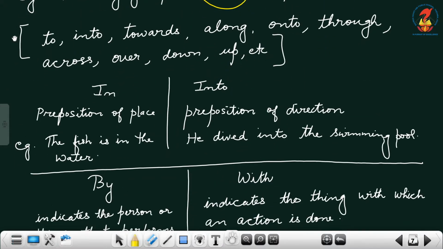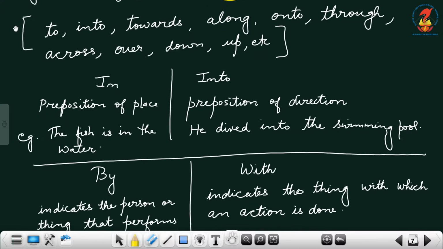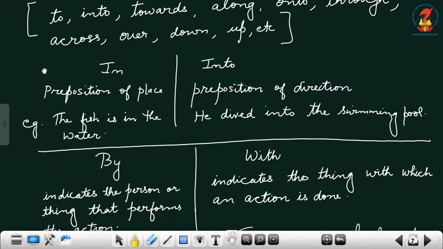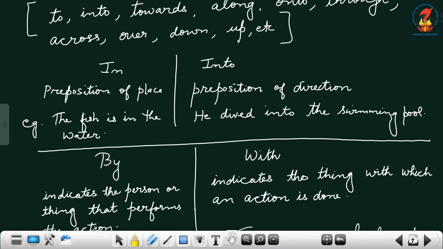Now let's see the difference between some basic prepositions of place and prepositions of direction. One such word is the word in. We have studied the word in as a preposition of place, but the word into comes under prepositions of direction, because when you say the dog jumped into the pond, the word into shows some movement.